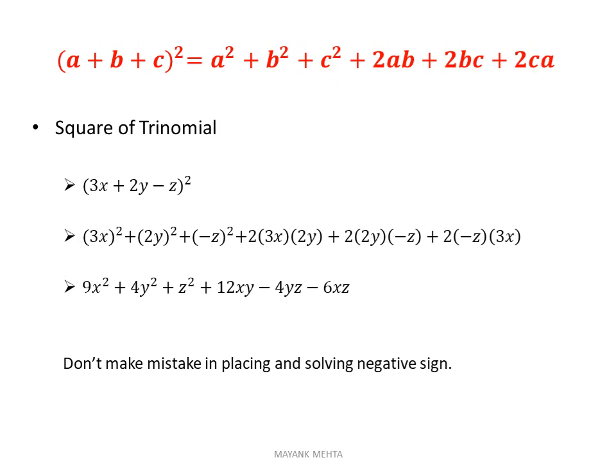So 3x plus 2y minus z: 3x square, then 2y square, then minus z square, then 2 into 3x into 2y, then 2 into 2y into minus z, plus 2 into minus z into 3x. So if you solve them, you know that plus into minus is minus, and minus z square, the square will be positive. Don't make a mistake in placing and solving the negative sign.